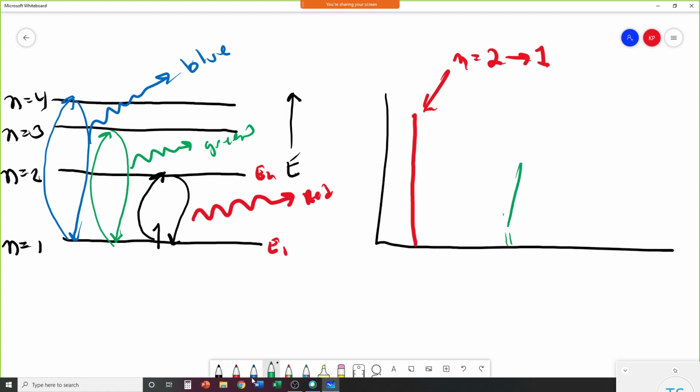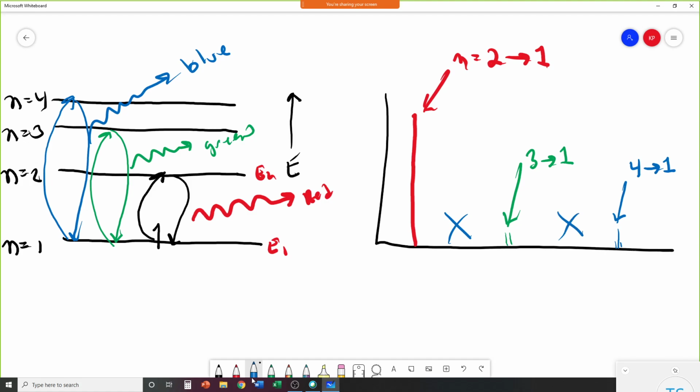And you say, you know what, this is going from 3 to 1. And you go further out into the blue and you see this where you have 3 lines, and you say, you know what, that's going from 4 to 1.